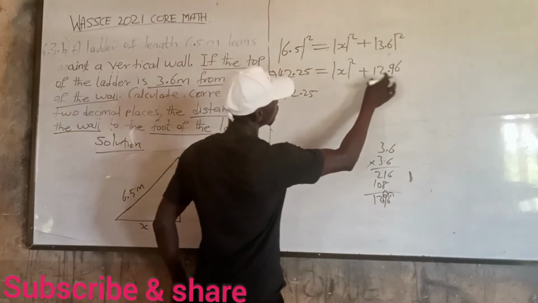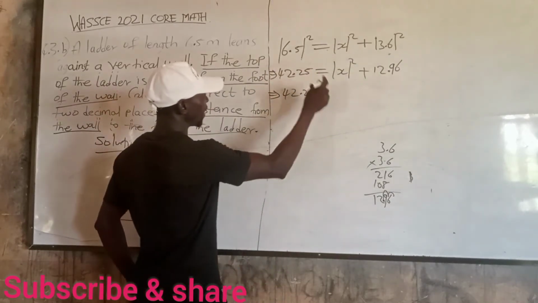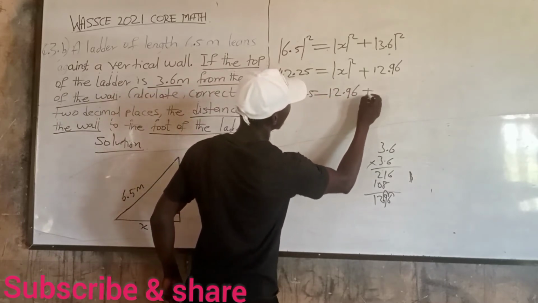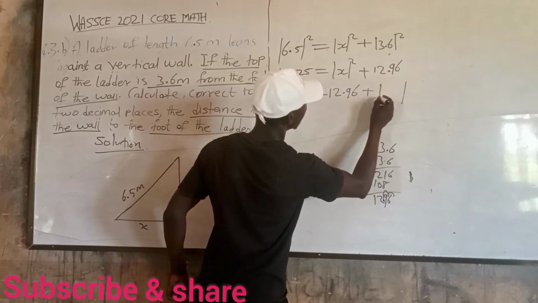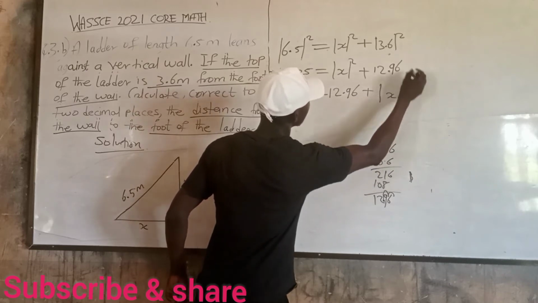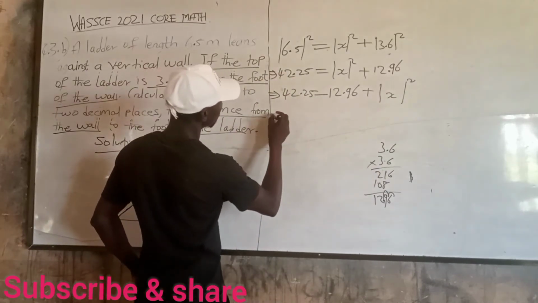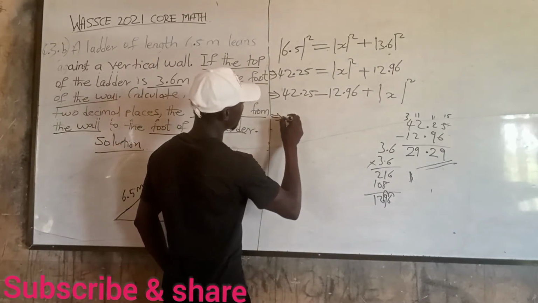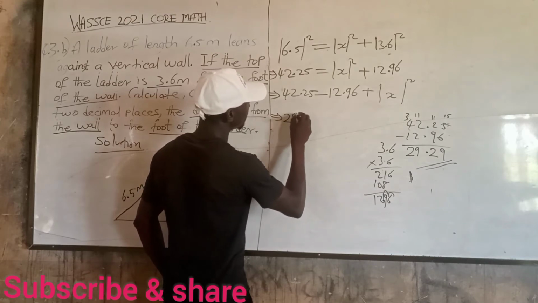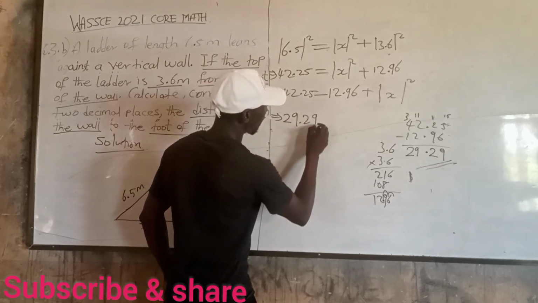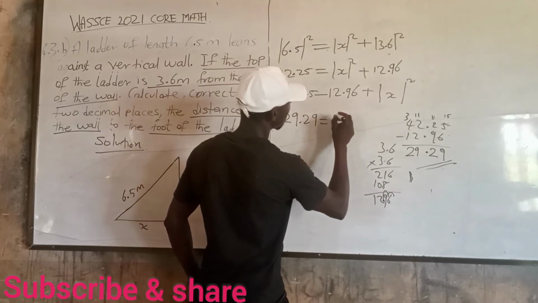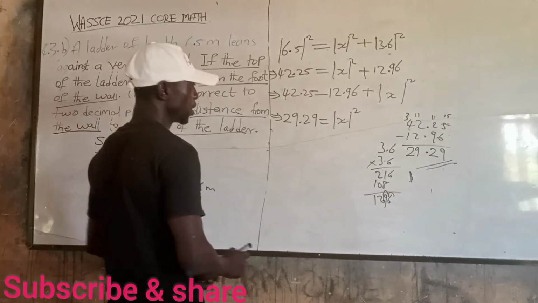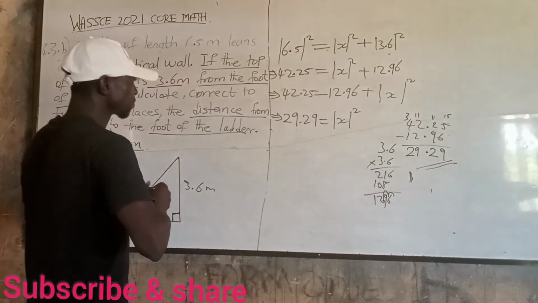When 12.96 comes over the equal sign, it becomes negative 12.96. So this implies that 29.29 equals length x squared.